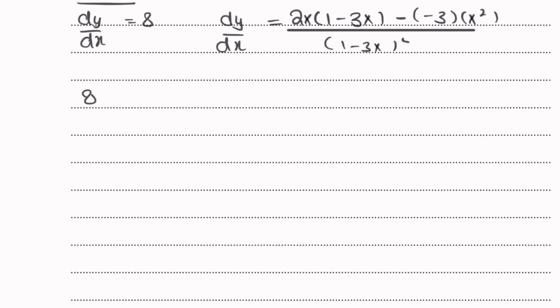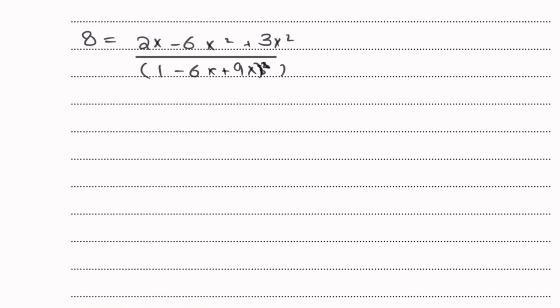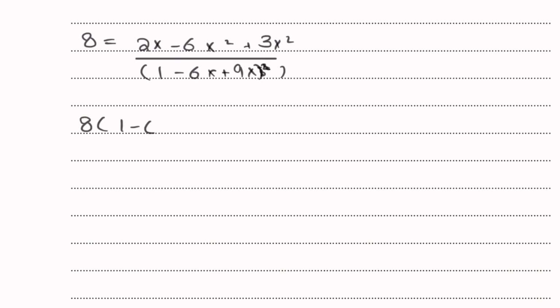And so you get 8 equals 2x. If you expand this, you get 2x minus 6x squared plus 3x squared, divided by, if you also expand the bottom, 1 minus 6x plus 9x squared. If you send this to the other side, you get 8 times 1 minus 6x plus 9x squared, equals 2x minus 6x squared plus 3x squared.